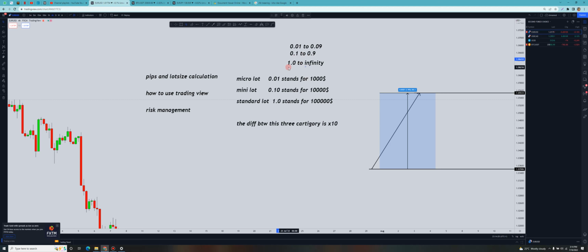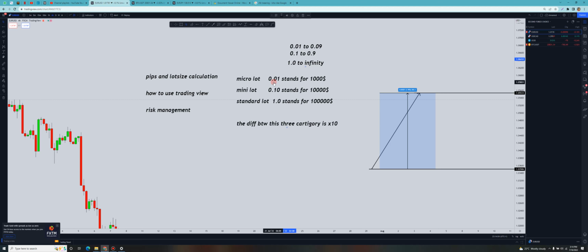Okay, now here is the breakdown. So if I am trading 0.01, which is micro lot, it shows that I have invested $1,000 on that particular trade, I am either buying or selling, right? So now, if I am using 0.02, what does that mean? Exactly.